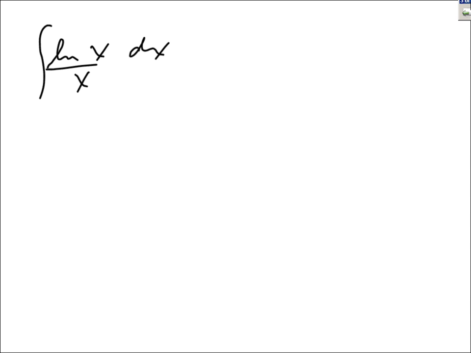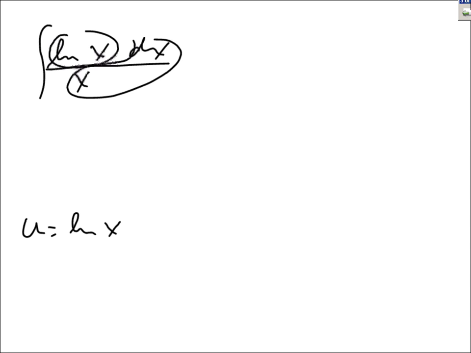Okay. Now, the question is, do you need to do this by parts or not? If u is ln of x, well then du is 1 over x dx. That is what we have, dx over x.